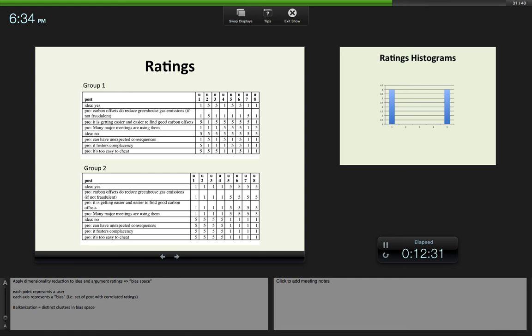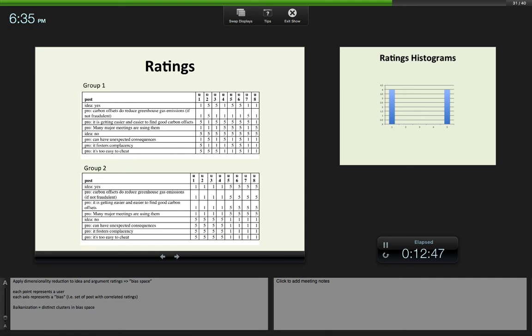Imagine that we have 2 different groups who had rated the elements in this map. And we could see the ratings that each of the users, in this case 8 users, made for each of the posts in the map.